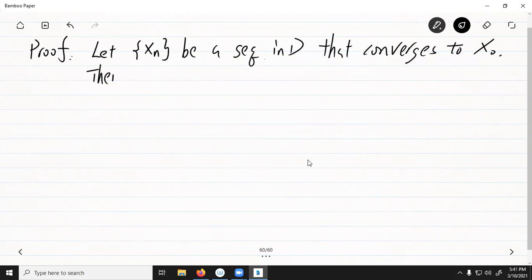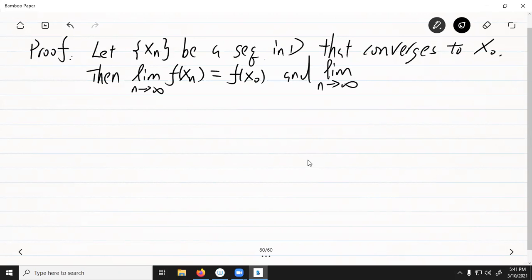Then since f is continuous at x0, the limit as n approaches infinity of f of xn is equal to f of x0. If you have this result, that means f is continuous, right? And the limit as n approaches infinity of g of xn is equal to g of x0.